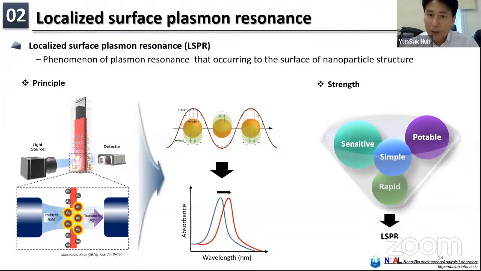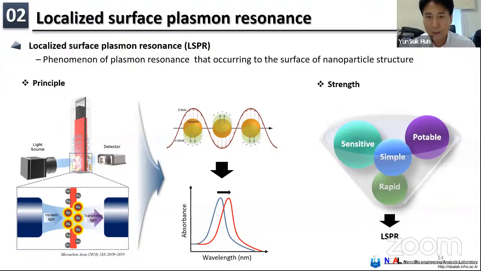There are noble nanoparticles which have a bunch of free electrons. Once the incident light comes onto the gold nanoparticle, depending on size and shape, we can trigger the plasmon resonance.